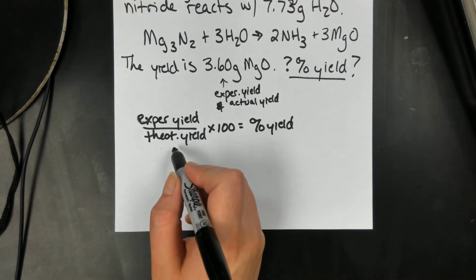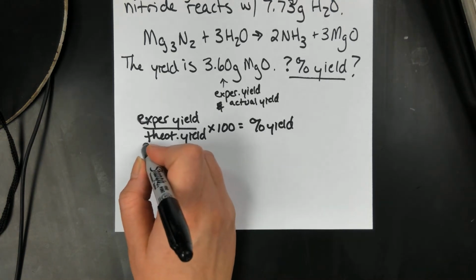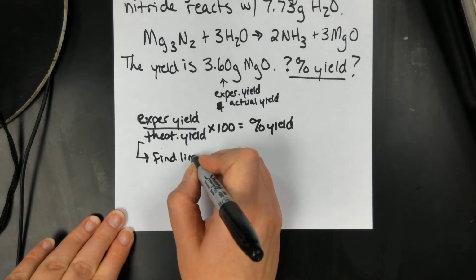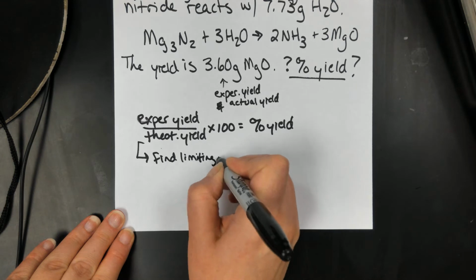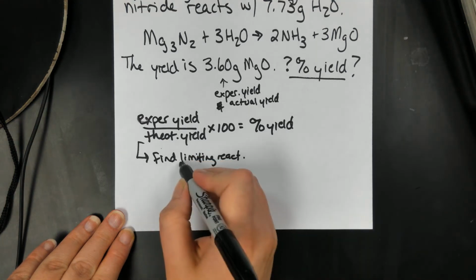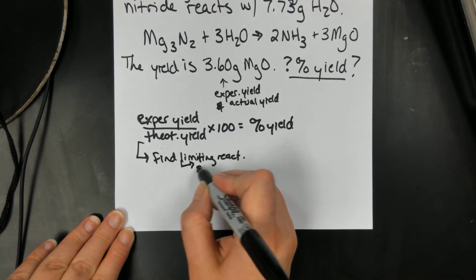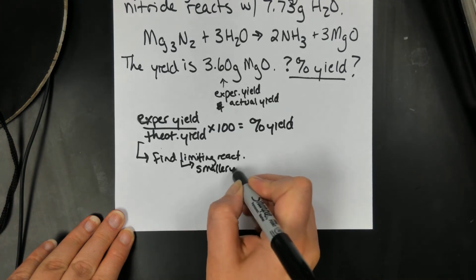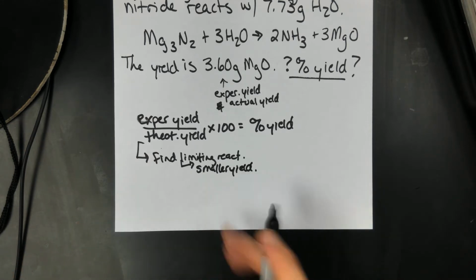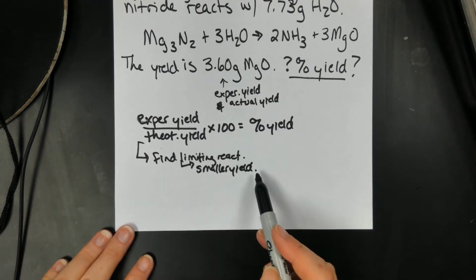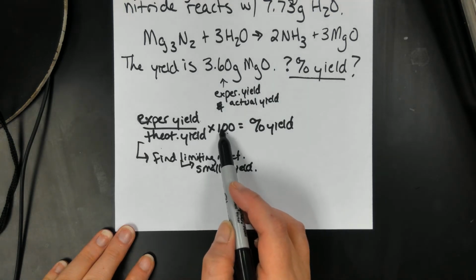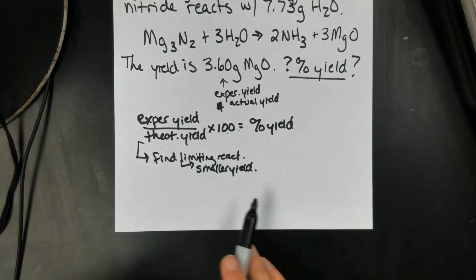So in order to find the theoretical yield, we're going to have to find the limiting reactant. How do we choose that? We choose the one that gives the smaller yield. This should all make sense as we're doing this. Once you do this long part, you plug that number in here, divide, and then times 100. So let's go ahead and get started.